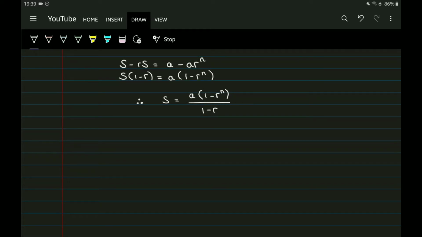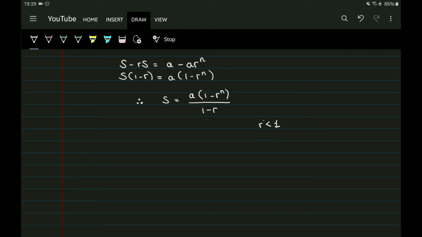So something interesting happens when r is smaller than 1. When r is equal to 1, we know that the sum is just n times a, because a just doesn't change. When r is greater than 1, the series just goes up and up without ever stopping.